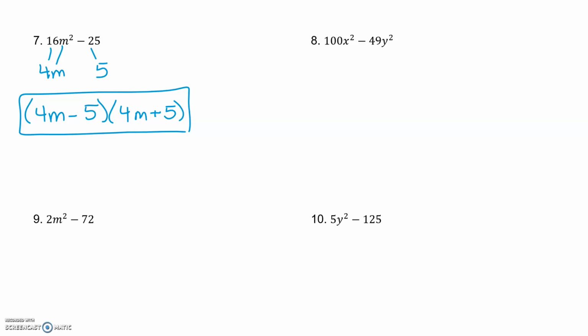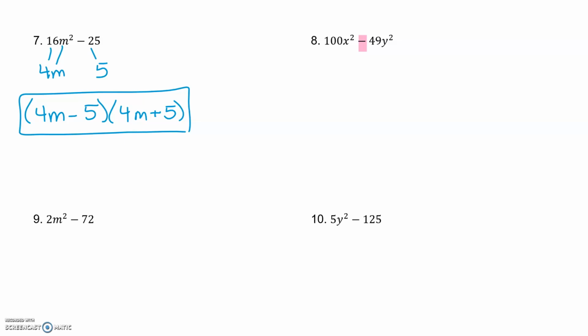Okay, when we look at number 8, this one is actually going to have a couple extra pieces. So we see that 100x squared minus 49y squared. So we see we got x's and y's. That is okay as long as everything is still perfect squares and we're subtracting. So yes, we are subtracting. We see that right there.